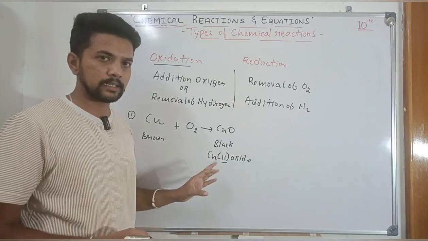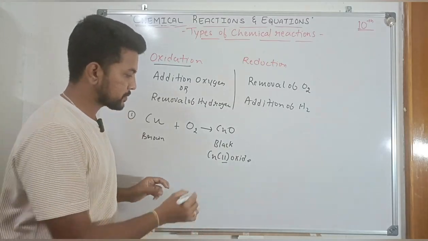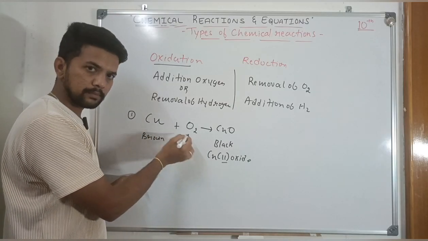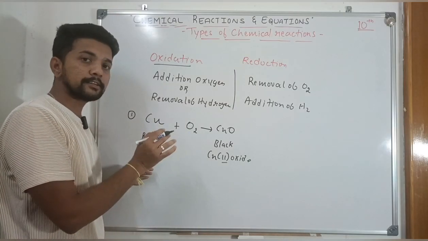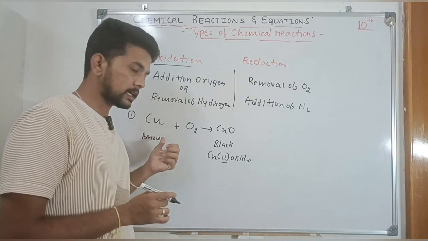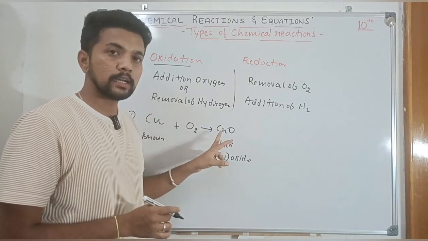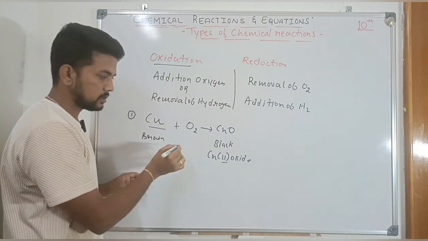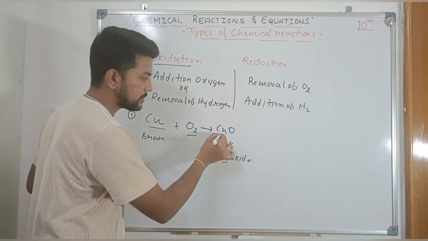You will learn what oxidation state means in higher classes. So, copper 2 oxide. When copper reacts with oxygen, or burns in the presence of oxygen, a black colored coating forms on the surface of the copper ornament, which is nothing but copper oxide. Observing here, the reactant is copper and oxygen, but the product is copper oxide.